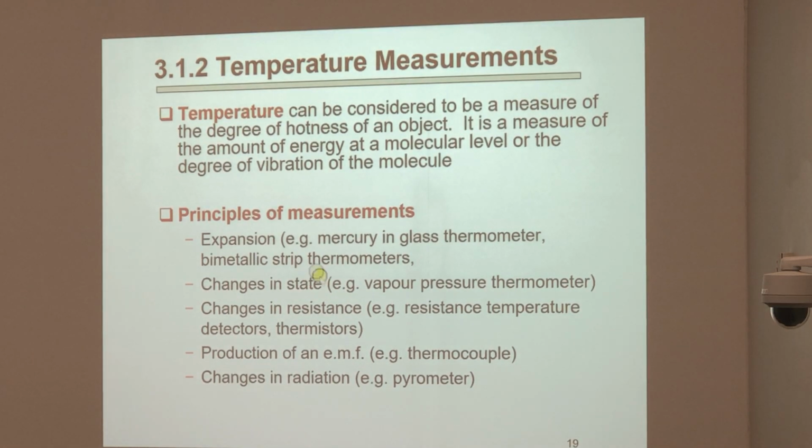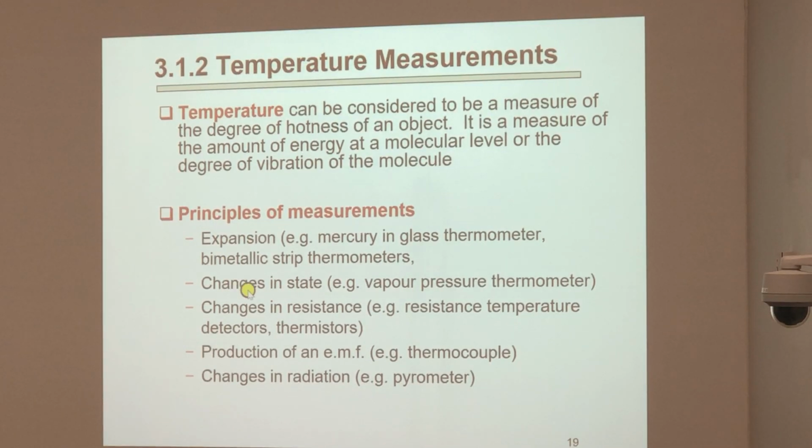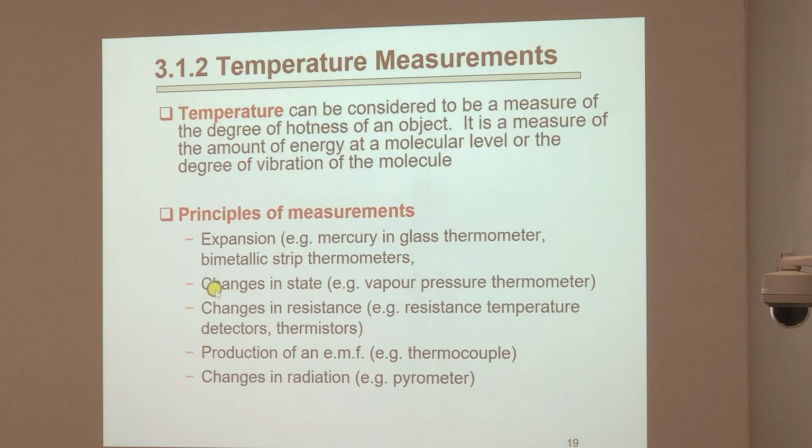It will cause the scale to move for us to measure. So, change in state, example: vapor. You must know the principle like this, and you must also be able to give examples, right?